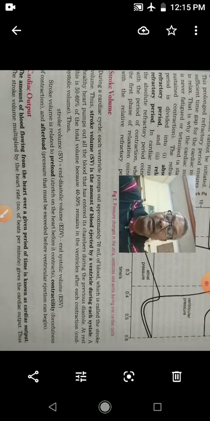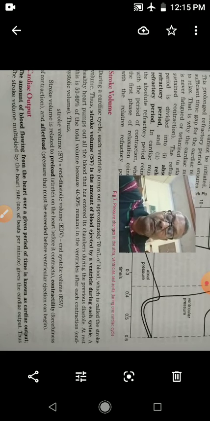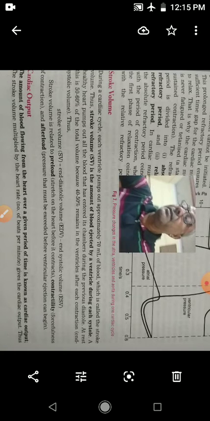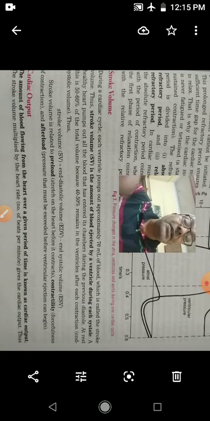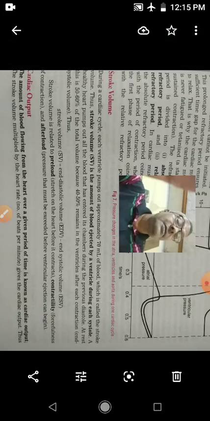So we can calculate cardiac output by multiplying the stroke volume by the heart rate. Heart rate is the number of heartbeats. So in 1 minute, how many times the heart is beating, that is called heart rate.